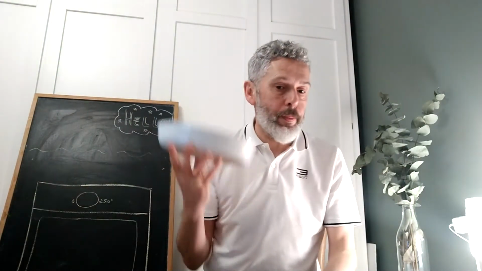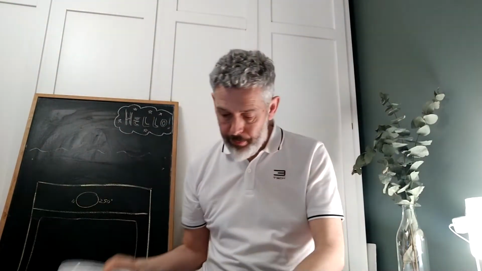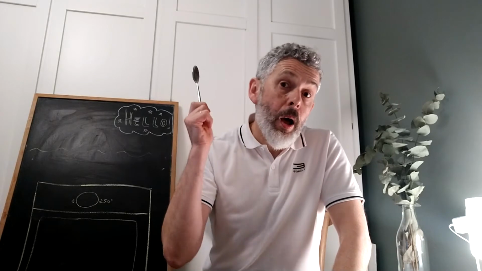Repeat, a dish. Good. Don't forget to repeat at home, eh? Okay, so now, what do we have here? It's a spoon. Repeat, spoon. And finally, for our apple. Look, I got an apple.